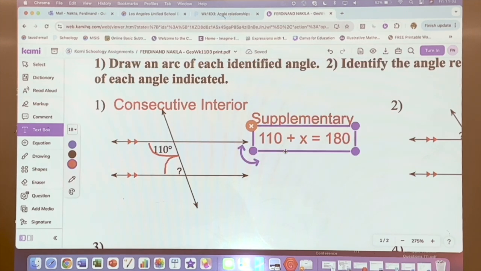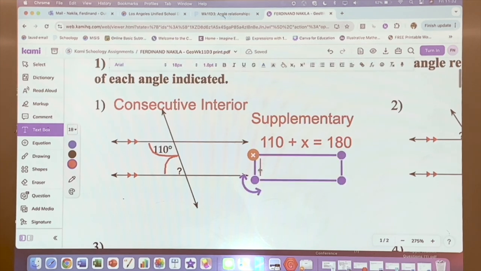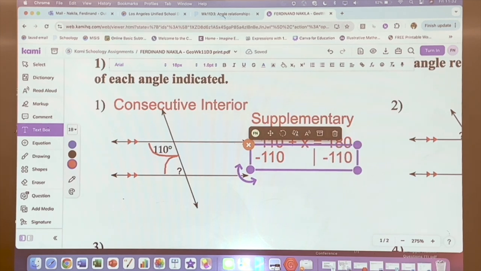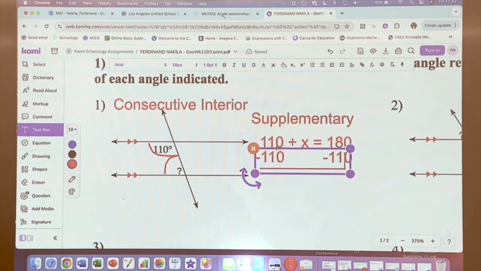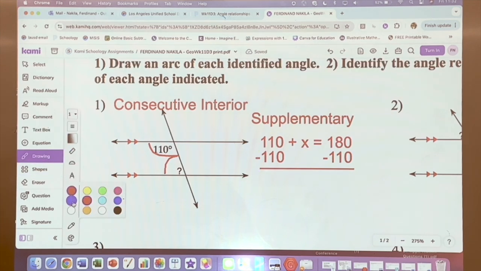Now remember your algebra 1. What do we need to do with the 110? That's positive 110. Minus 110. Do the same to the other side. Long equals sign. And we're going to be adding vertically, 110 minus 110. That's 0.